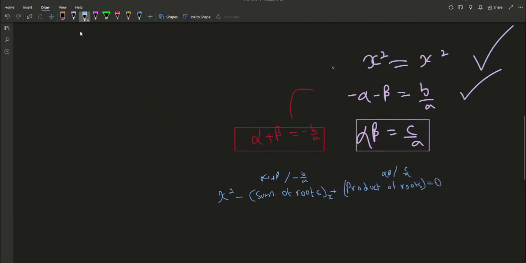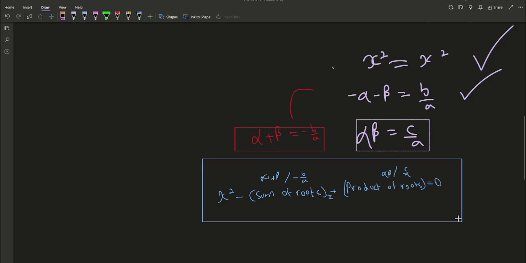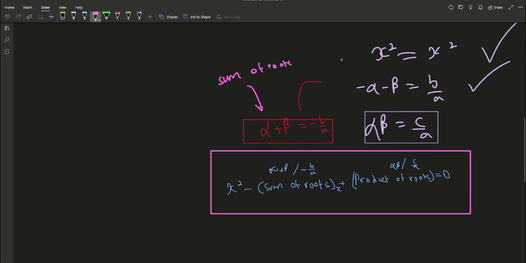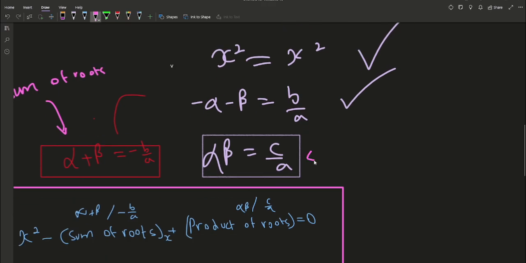This is the sum of roots. Sum means that they are being added together, and this is our product. Product means that they are being multiplied.